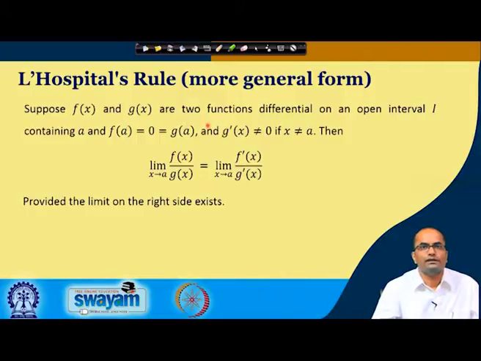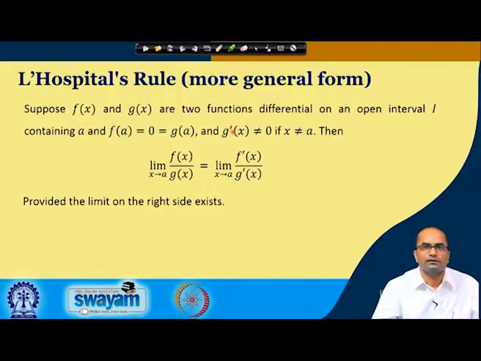If f and g are two functions differentiable on an open interval I, and naturally they are also continuous on this I containing a, and f a is 0, so now a is somewhere inside the interval, not at the boundary. So, if we have f a equal to 0 equal to g a, and g prime x is not equal to 0 in this interval if x is not equal to a; at x equal to a, anything can happen.